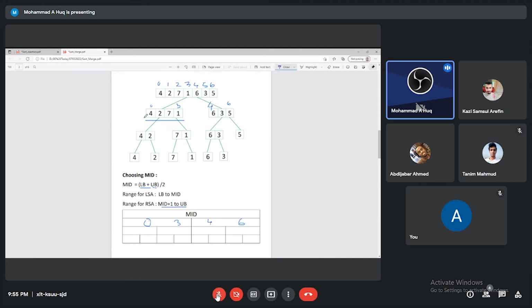Observe, lower bound is 0 and upper bound is 3, so 0 plus 3 divided by 2. What is the result? 1. So you can understand that it will be 0 and 1.